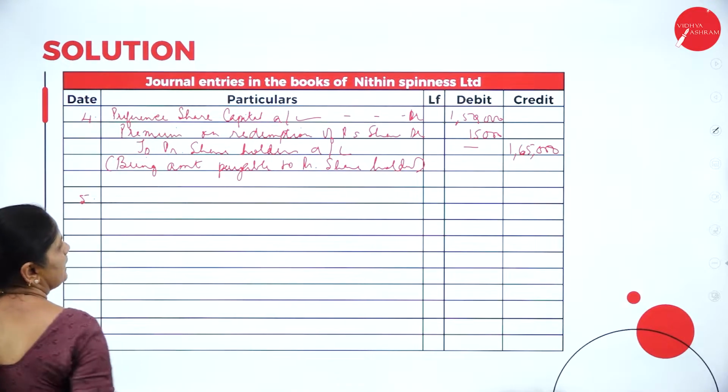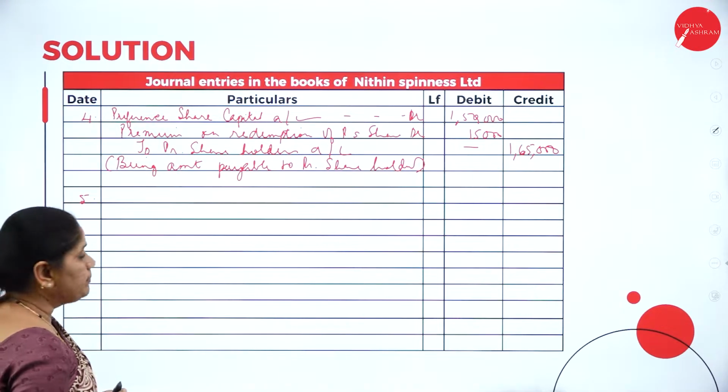Now the fifth journal entry will be for the payment to the preference shareholders.